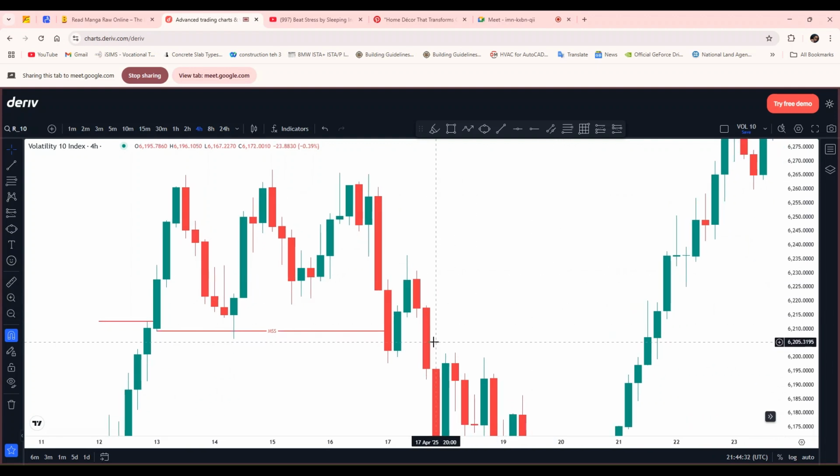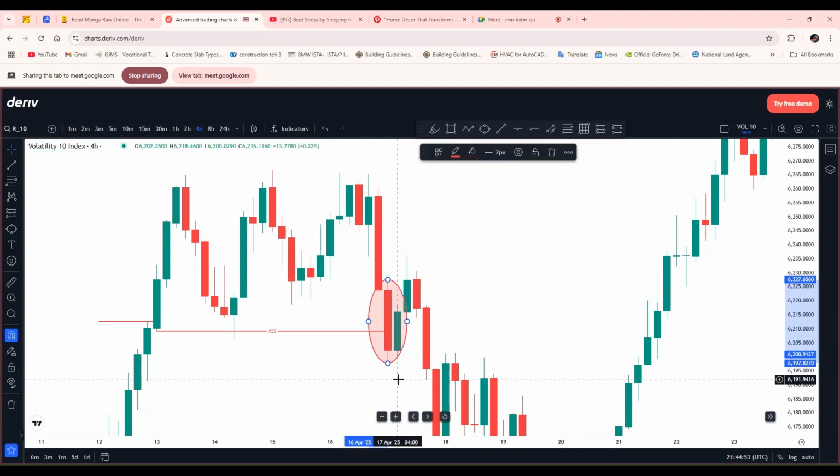Now, just looking at the 4 hour time frame, we can clearly spot that we had two bearish candles. So this tells us that we have two 4-hour candles with 4-hour structure at play. And we're seeing that the specific candle on the 4-hour that caused the break is this 4-hour candle.